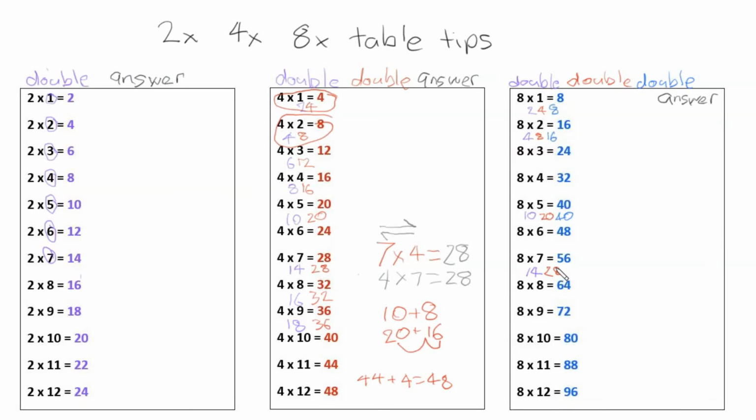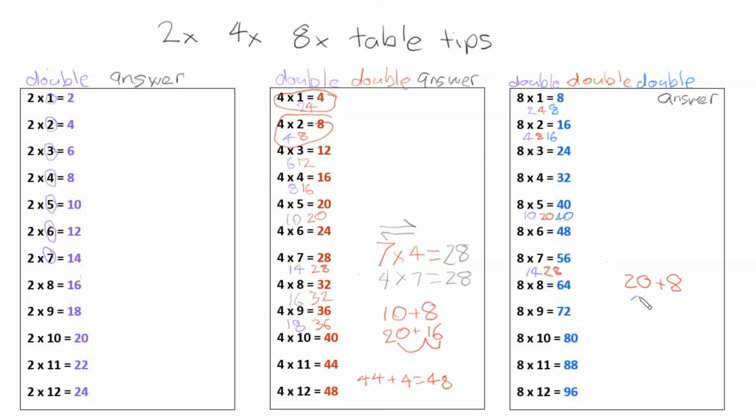So let's write that one in. And you might think, oh, double 28, that's getting a bit big. And it's true, doing that mentally can be a bit tough. But let's do what we did over here. What is the 28? The 28 is really a 20 plus the 8, right? And if I double this 20, what would double 20 be? Well, we did it over here, didn't we?